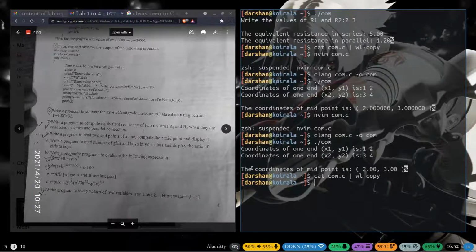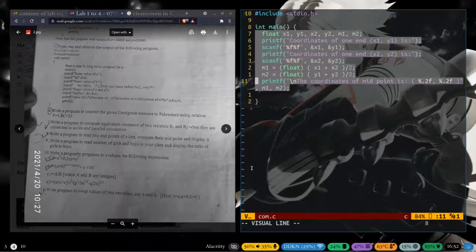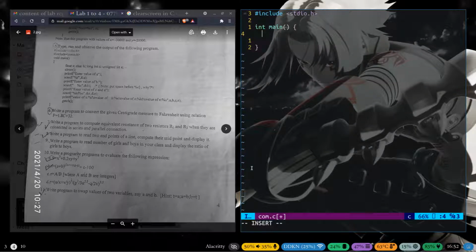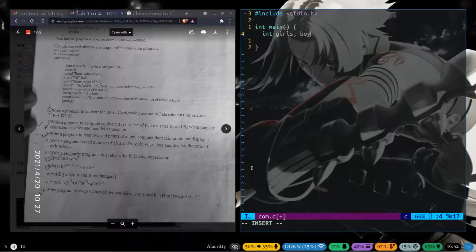Alright. See. So with the ratio of girls to boys, right? Girls to boys in your class, whatever you need. So not int girls boys ratio and print number of girls.